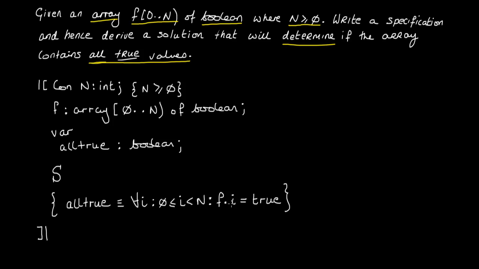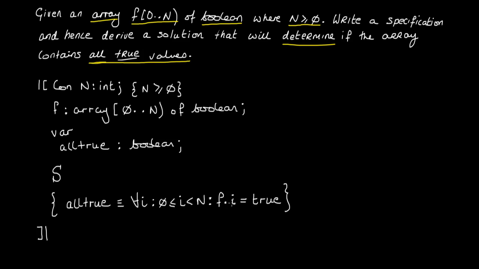Now, we don't have to say f dot I equal to true. We could just simply leave it as f dot I. F dot I just on its own, we're assuming that f.I is true. If we wanted false, we'd have to say not f.I. F.I here on its own, because it's a Boolean, will be true if it is true.